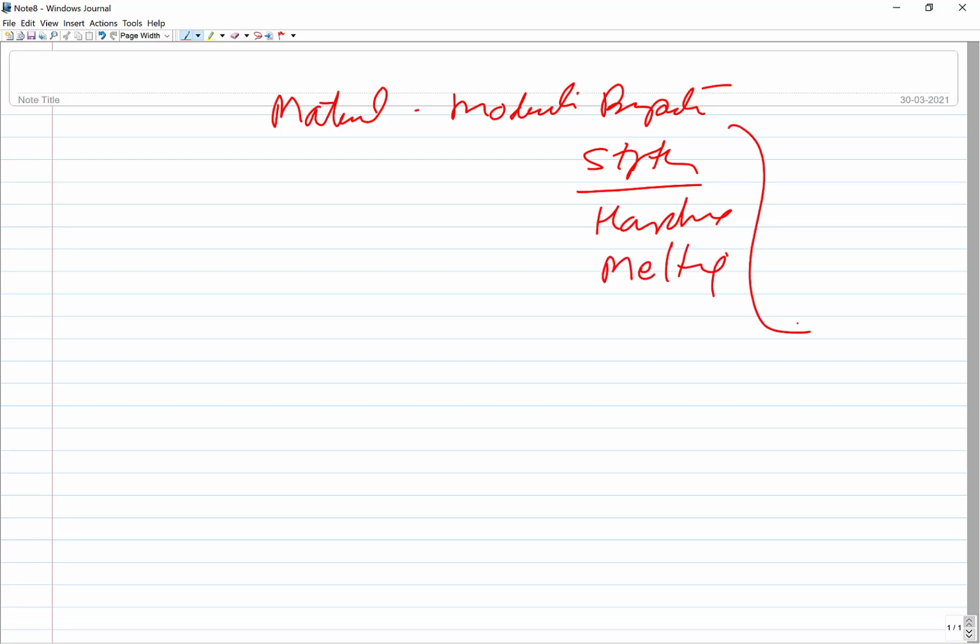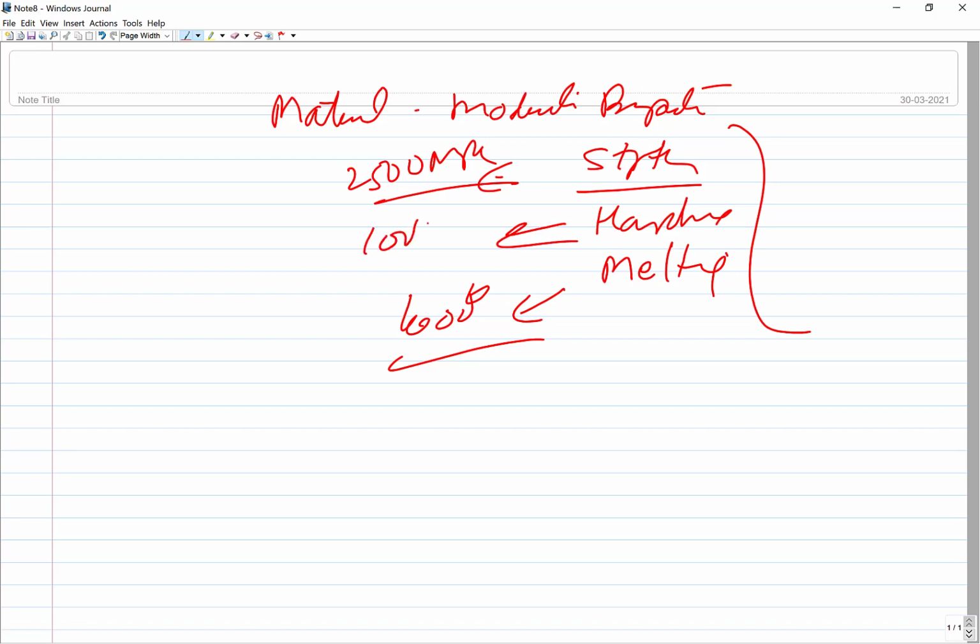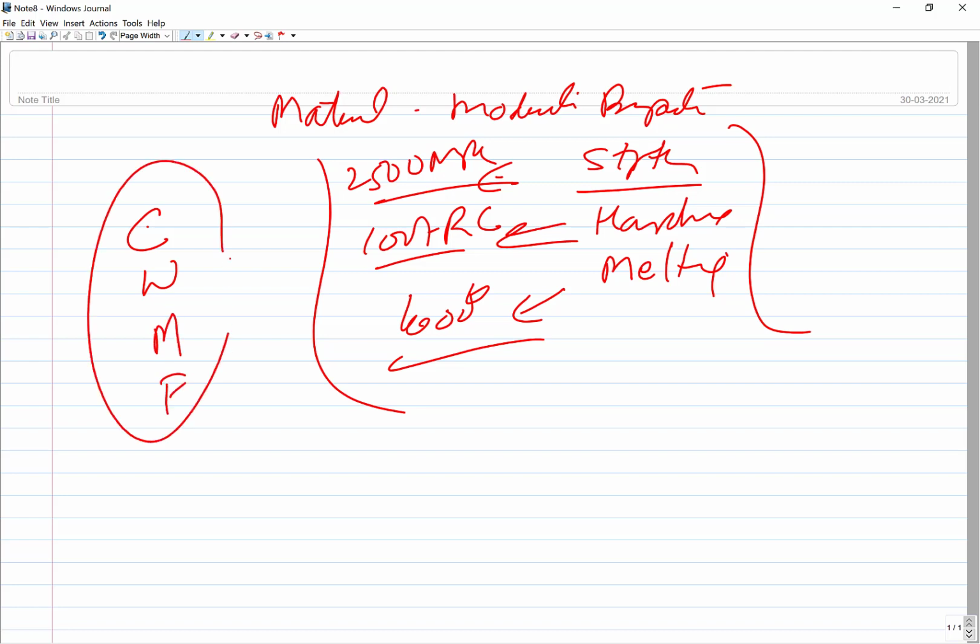If these properties are highly skewed, say melting point is 4000, no, you cannot apply manufacturing processes like casting, welding, forming. Similarly, if the strength is say 2500 MPa, or hardness is say 100 HRC, you cannot apply any of the processes about which I have talked, whether it is casting, welding, machining or forming. None of these processes will be suitable.